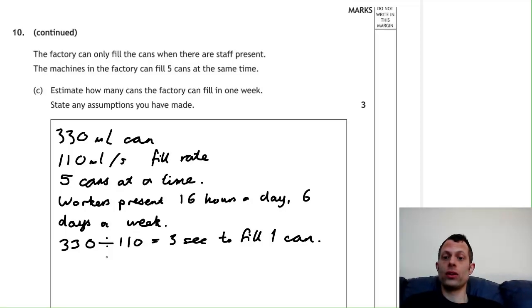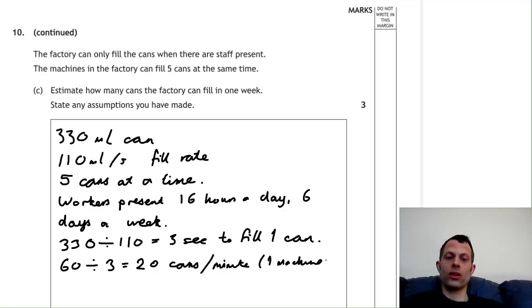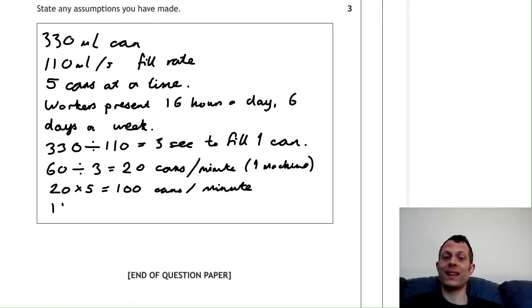So how many cans could you fill in 1 minute? 60 seconds in a minute, which means we could fill 20 cans in 1 minute. However, that's only using one machine. If we think of 1 can per machine, we then multiply by 5, and we've used that information with the 5 cans at a time. So 100 cans per minute.